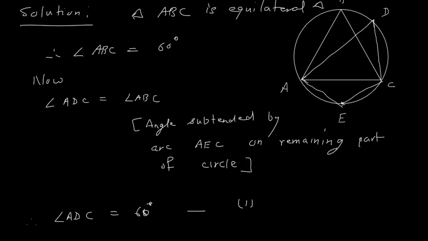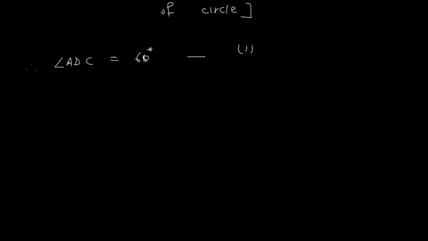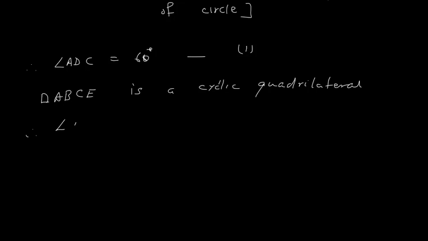Now ABCE is a cyclic quadrilateral. So quadrilateral ABCE is a cyclic quadrilateral. Therefore angle ABC plus angle AEC, their addition is 180 degree because opposite angles are supplementary.